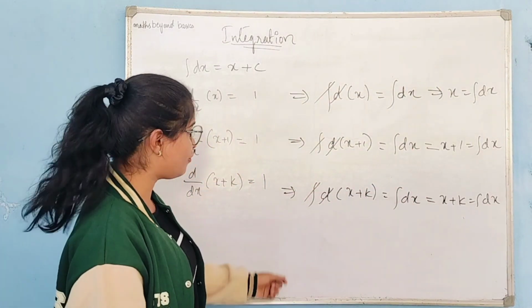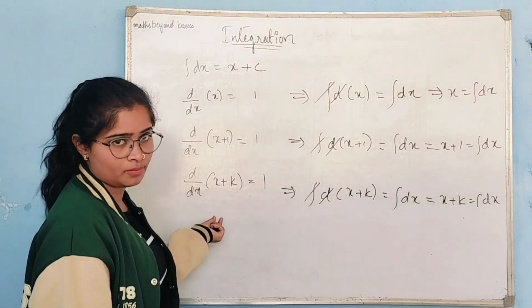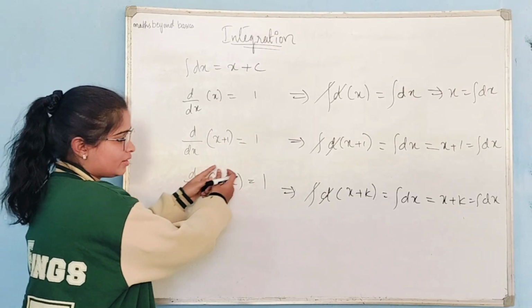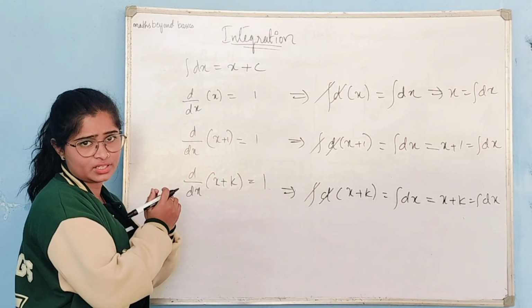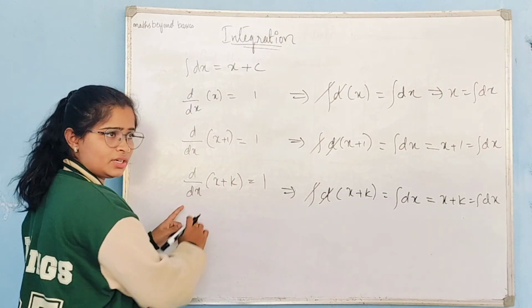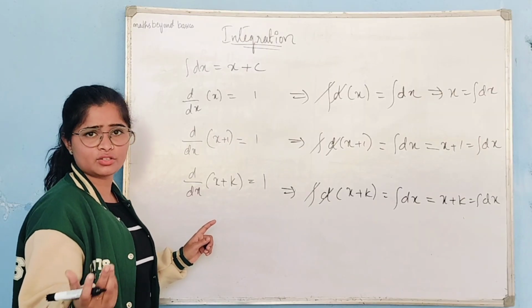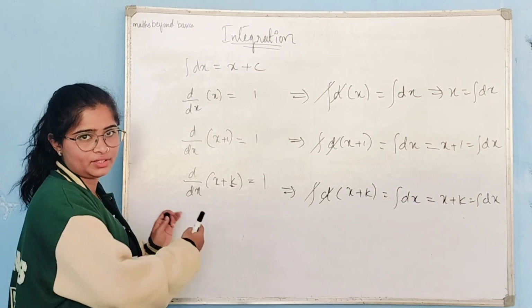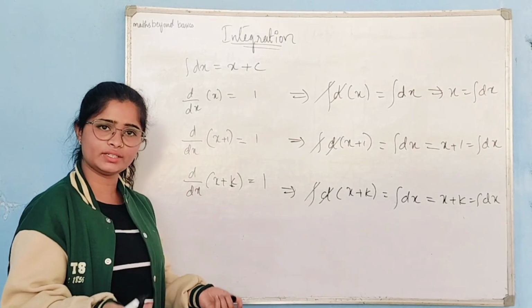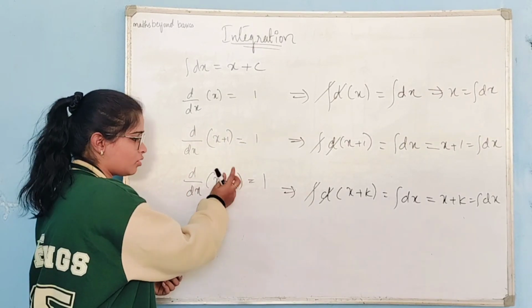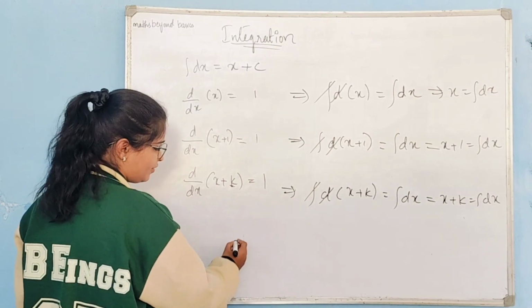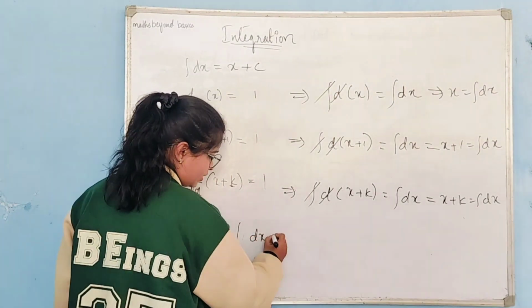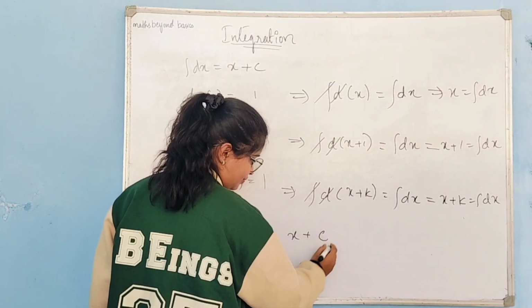Clear? So whenever we add constants and we differentiate, it doesn't affect the final answer, because the differentiation of a constant is 0. Here the constant doesn't affect the differentiation because the differentiation of a constant is 0. So we will always include this constant in every case, plus c. Clear?